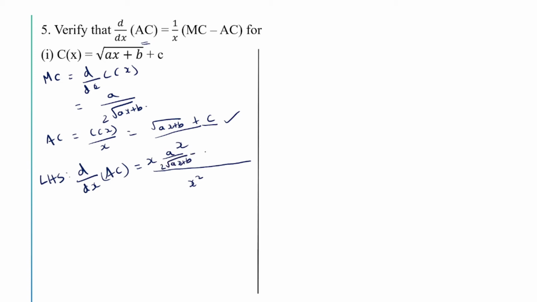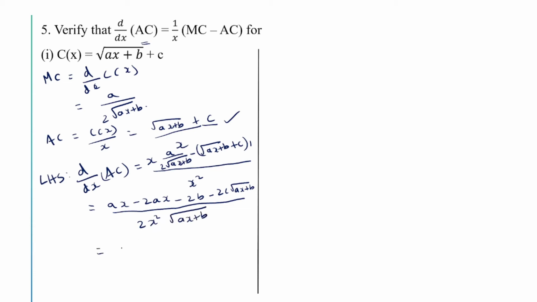Minus, keep the numerator and differentiate the denominator: root of ax plus b plus c into 1. So let us take LCM and simplify. This is equal to ax minus 2ax minus 2b minus 2c root of ax plus b divided by 2x square root of ax plus b.